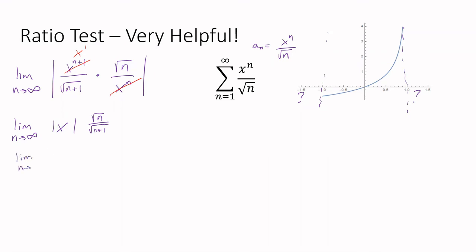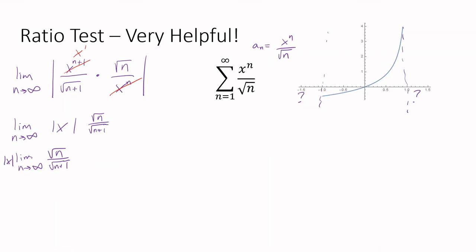Limit as n goes to infinity of root n over root n plus 1, and I've got my absolute value of x. I can just shift it outside. All right, and so now I just need to figure out what this limit is. And remember, there's a handful of ways that we can do this. One way I've seen that people were holding on to is dividing by the highest power top and bottom to try to see what's going to happen here.